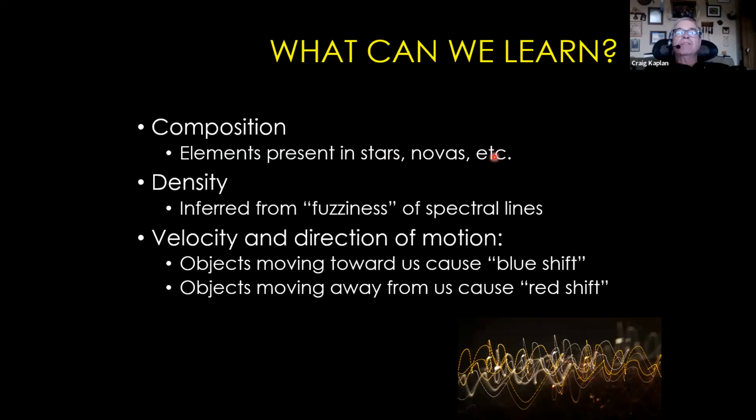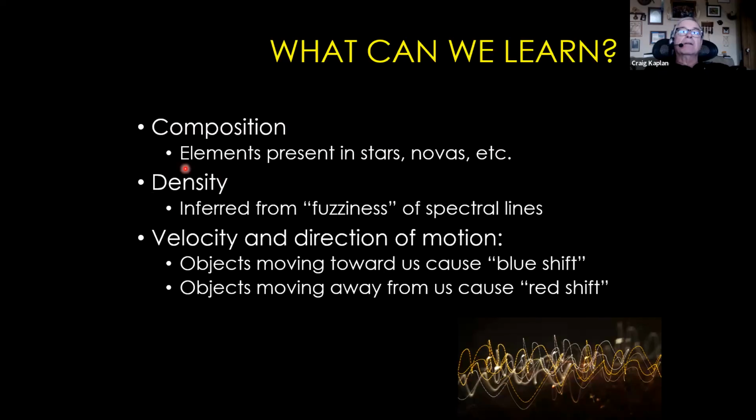And this obviously gets incredibly complicated with the multiple elements and multiple electron levels, and a lot of spectra are both emission and absorption, but in general, this is the idea. We can discover the composition of various deep sky elements.